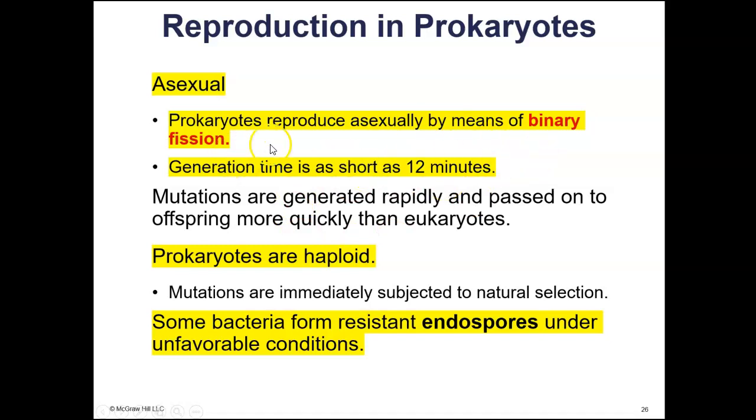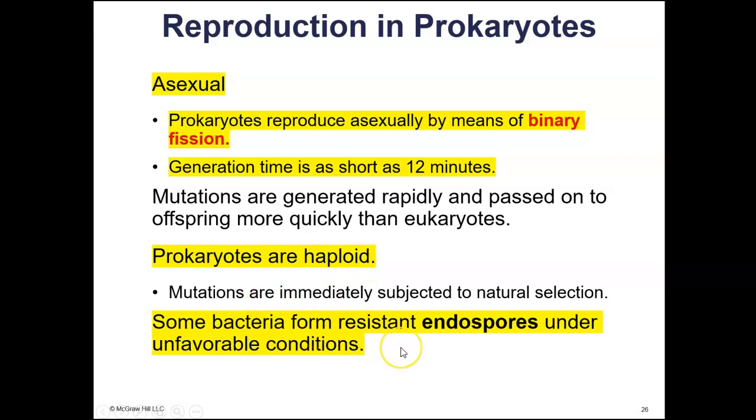And this binary fission is basically a form of cloning. Prokaryotes are haploid because they only have 1 chromosome, whereas human cells, for example, are diploid and contain 2 copies of each chromosome.